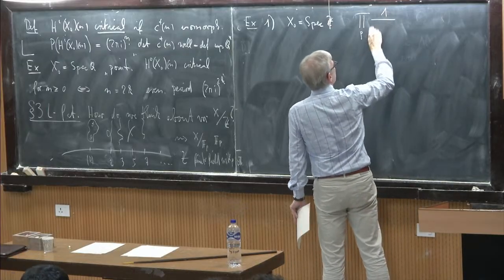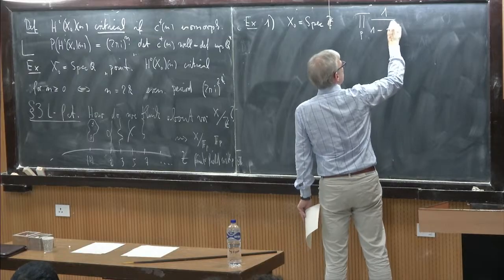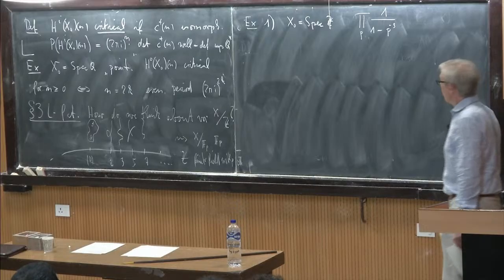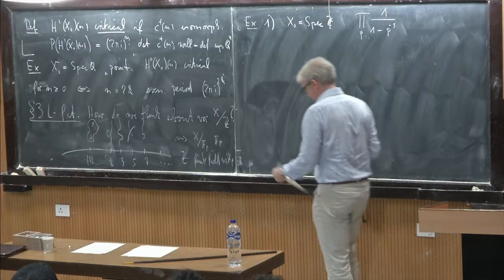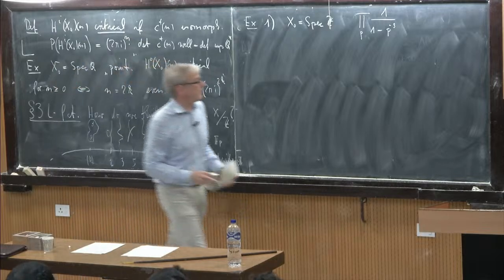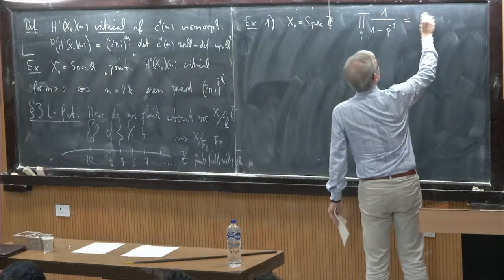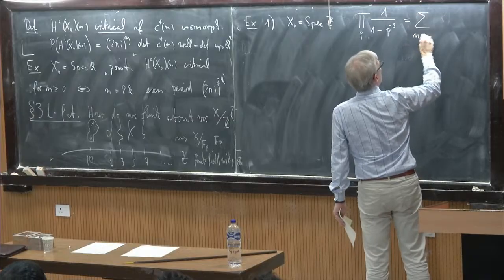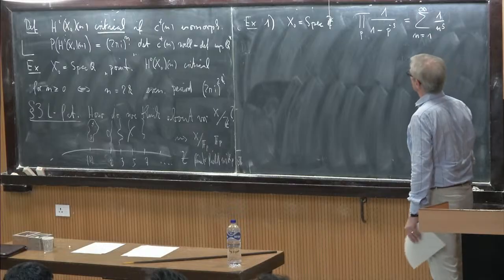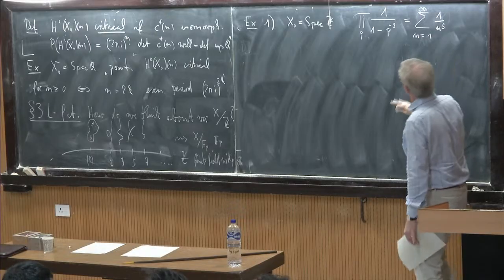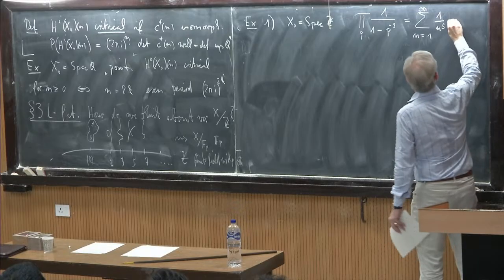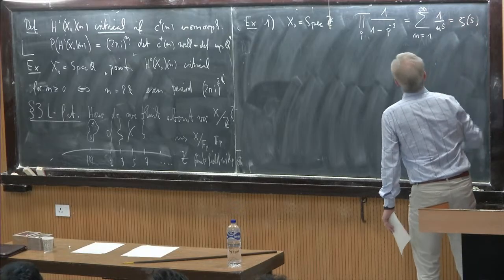What is the local factor here? It's 1 minus p to the minus s, inverted. That's maybe something you have seen before, because this is the famous product decomposition of the Riemann zeta function. You can write it as a series, the sum of 1 over n to the s. This is also due to Euler, although he was always a little bit sloppy with his infinite products. And this is, of course, just the Riemann zeta function.